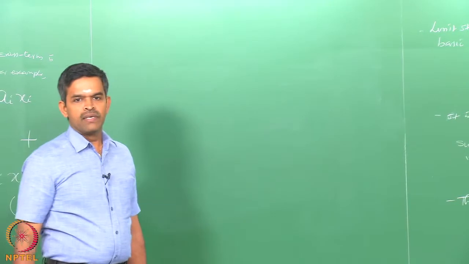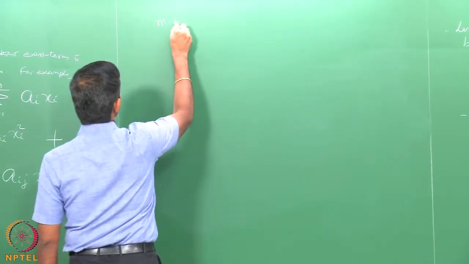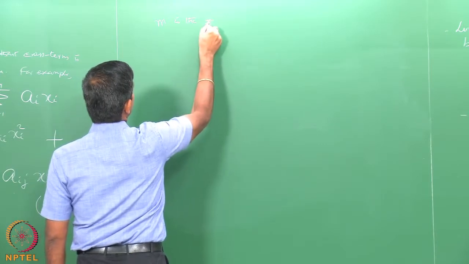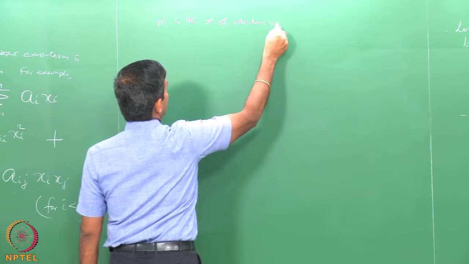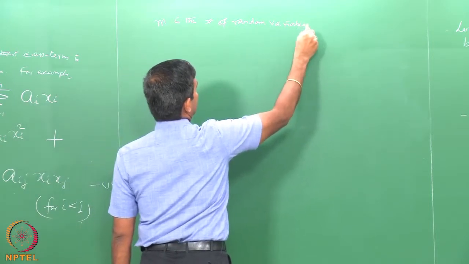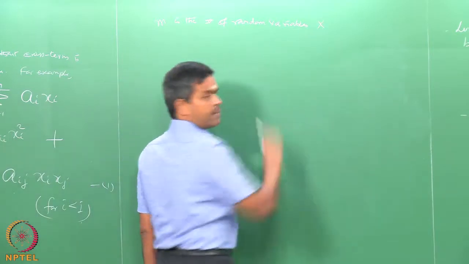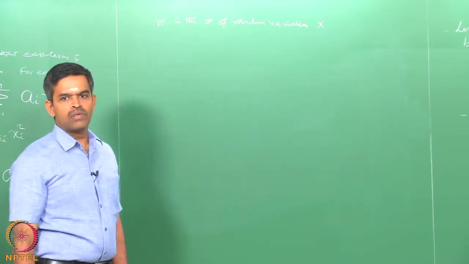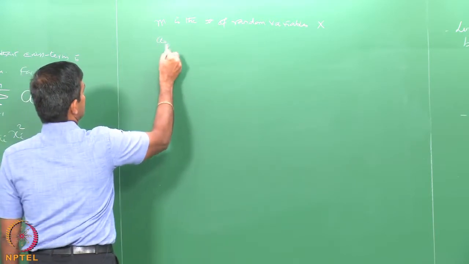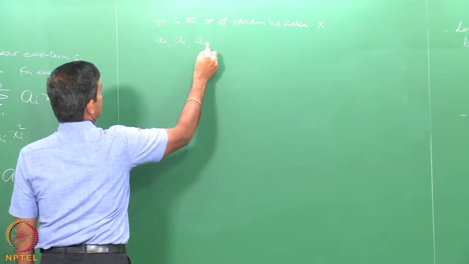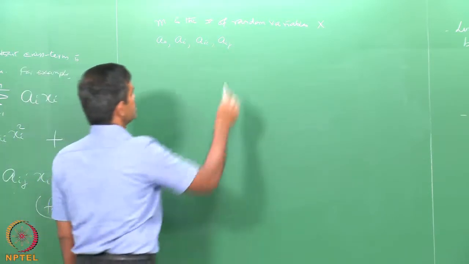Now, in this case m is the number of random variables x, and a0, ai, aii, aij are unknown coefficients.